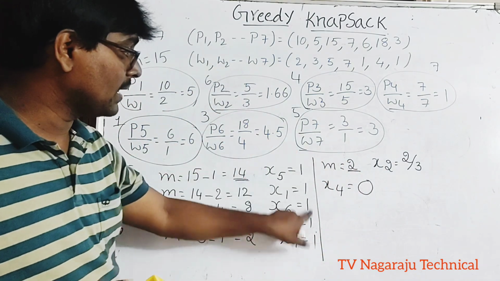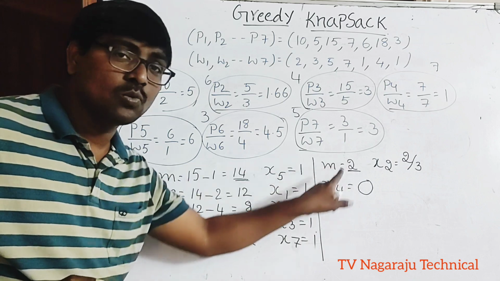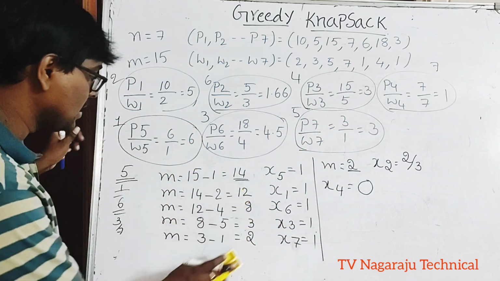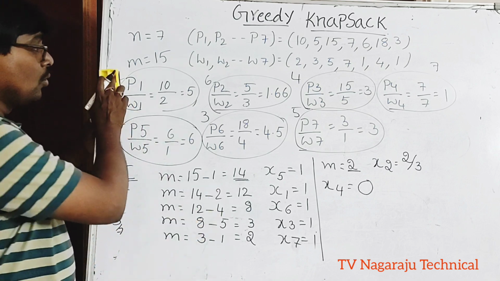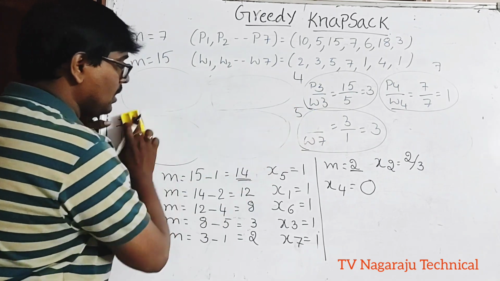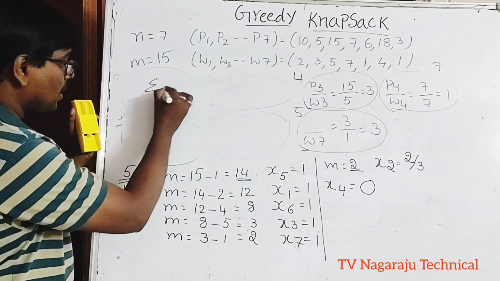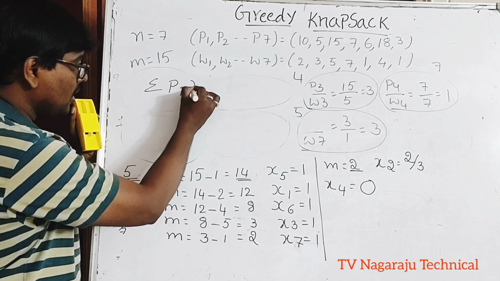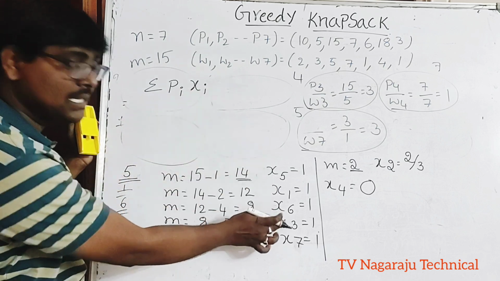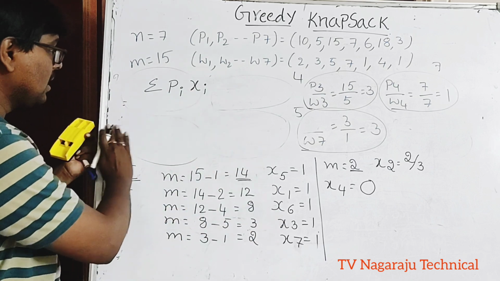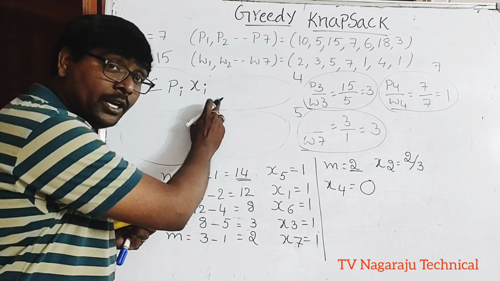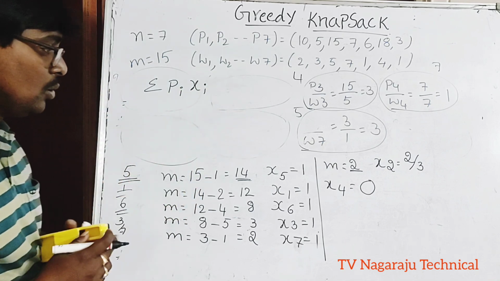Like this, you calculate each x1 to x7 value. Once the calculation is completed, now I am erasing this. What you are doing is Sigma Pi into Xi. What is Pi? Profit. Xi means the corresponding instance. Now calculate carefully. P1 into X1 plus P2 into X2 plus P3 into X3.